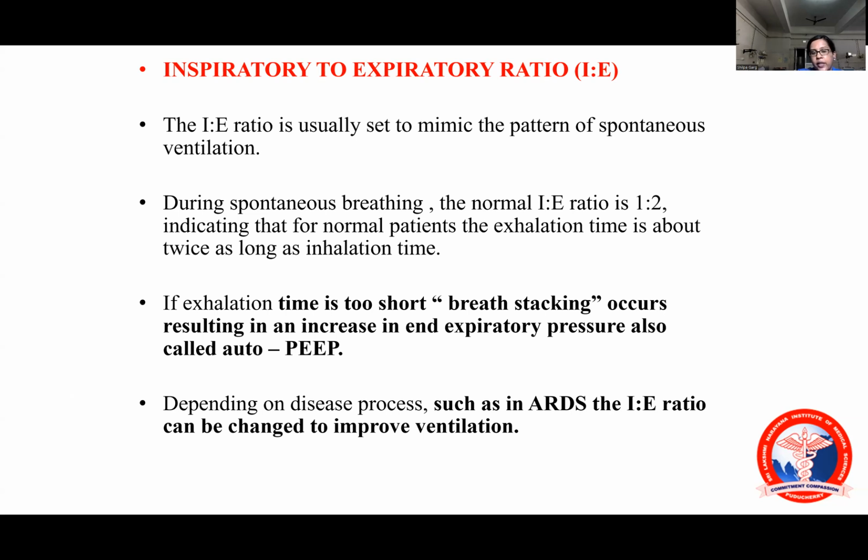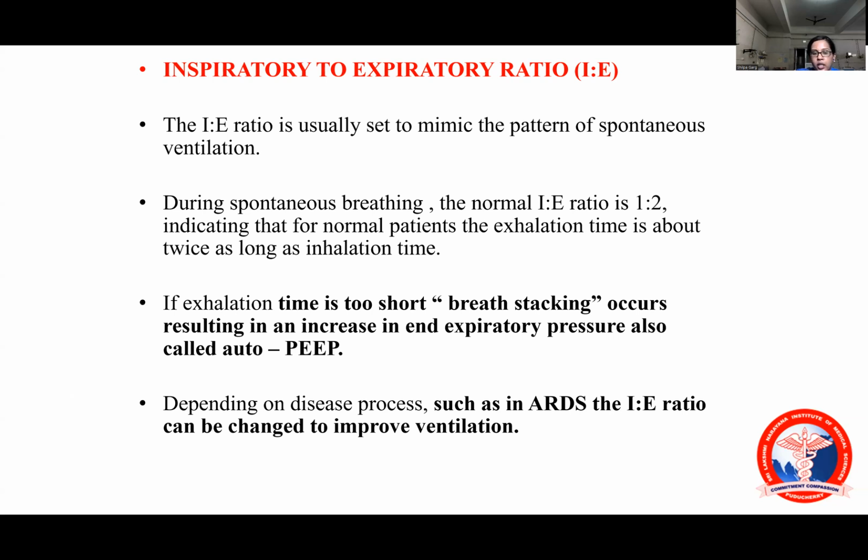Whereas if the exhalation time is too short, somewhere around 1:1.5, or even less than the inspiration time, then there is no adequate time to wash out the air present in the lung. That leads to breath stacking or auto-PEEP. This is very disastrous if the patient is already having air trapping, as in the case of COPD or bronchial asthma.